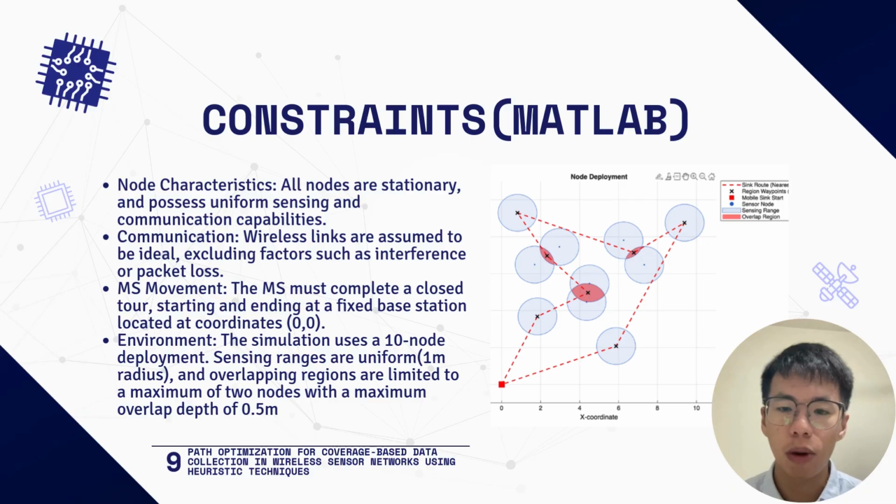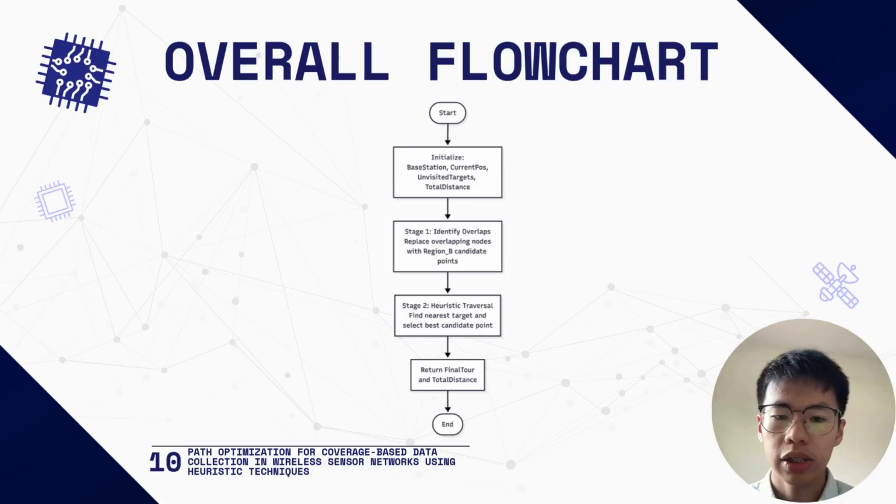Third, the mobile sink must complete a closed tour, starting and ending at a fixed base station located at coordinate (0,0). And overlapping regions of all the nodes are limited to a maximum of 2 nodes, with a maximum overlap depth of 0.5 meter. Next, let us look at the overall flowchart.